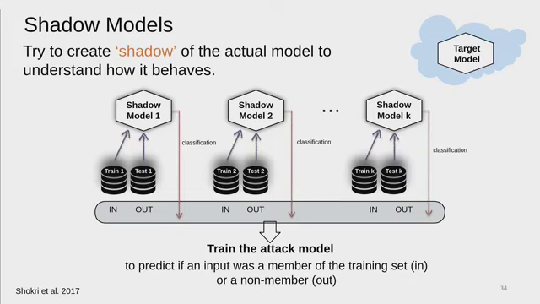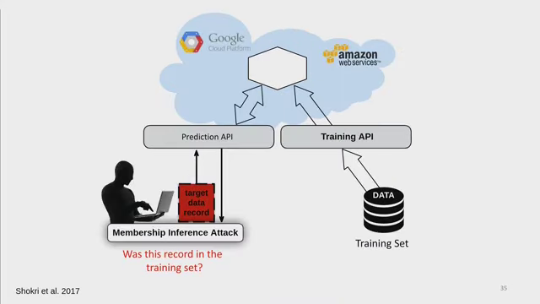If not, we slightly adjust and move on to the next shadow model, improving step by step to figure out what the original training set actually was. So similar here, the training set was used for the training API, and then in the prediction API, we can do this inference attack to again figure out whether this record was in the training set or not.